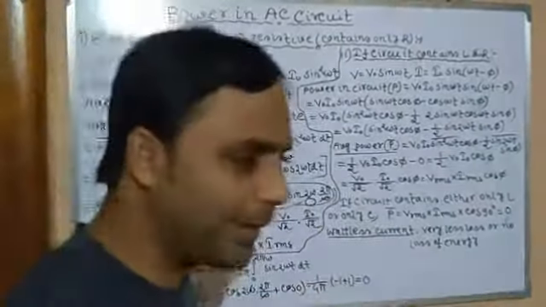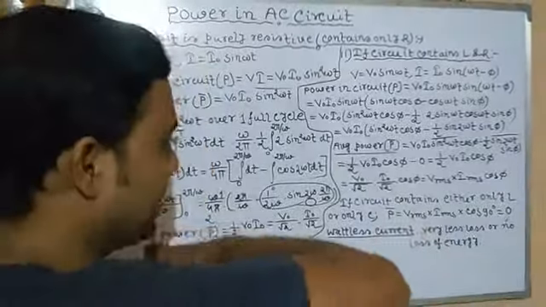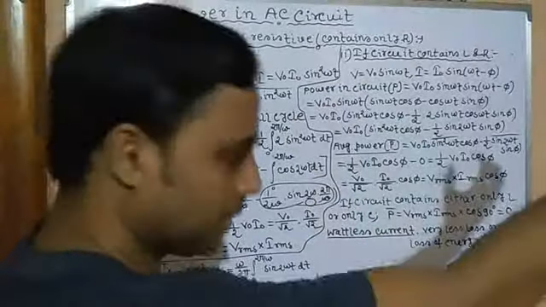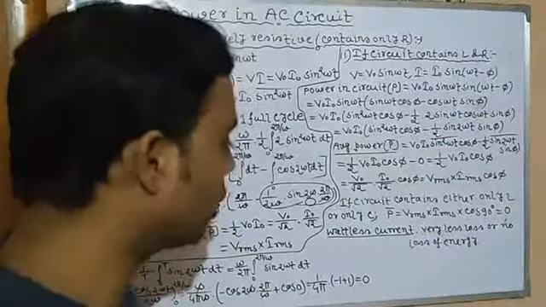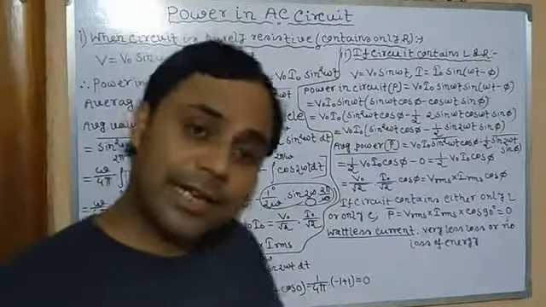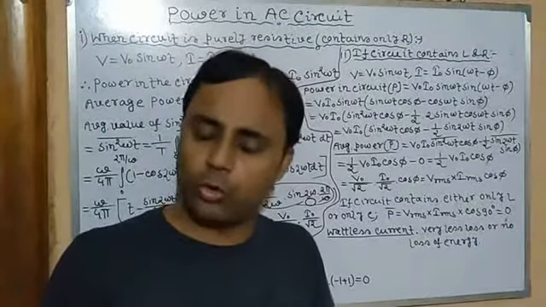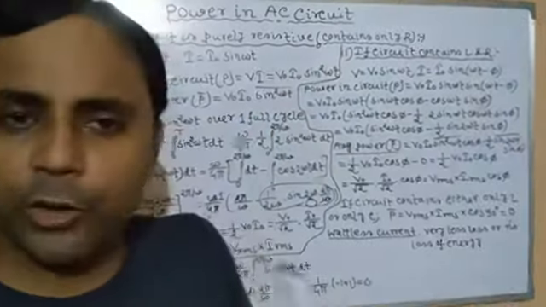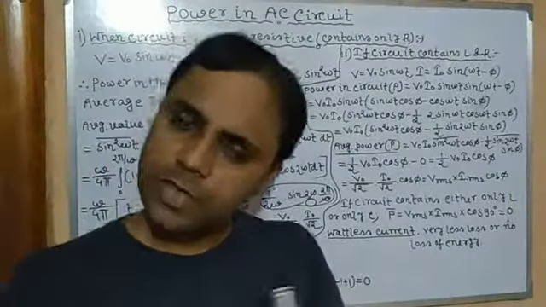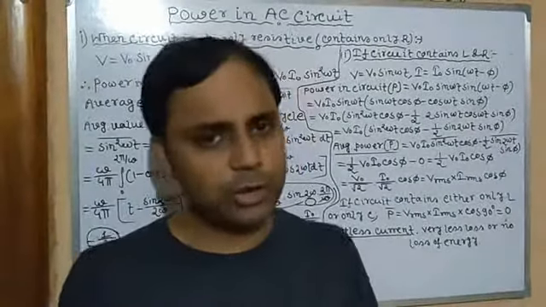But here there is no power loss, no energy loss; it takes the power from the source, then returns the power back to the source. This is called wattless current. So wattless current, or no power dissipation and no loss of energy, is possible only in a purely inductive or purely capacitive circuit. Okay, hope you have understood.